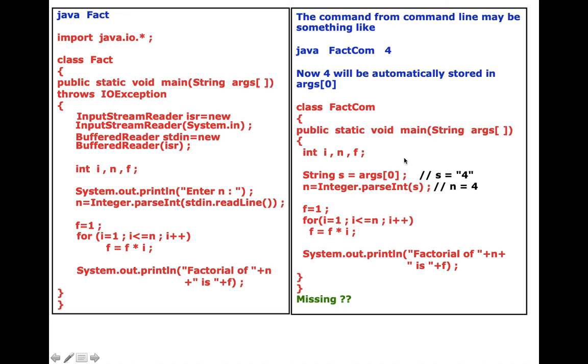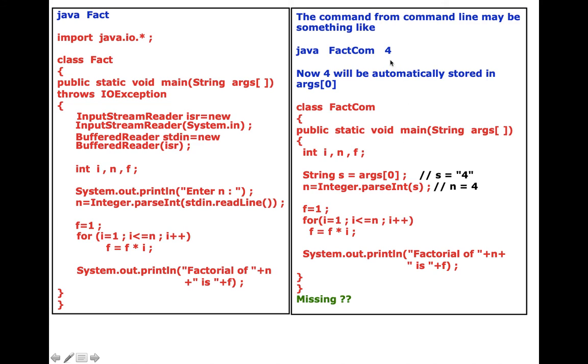Now tell me one thing, here on the right hand side, the value of n, which is 4, is this value 4 given to the program by the user during runtime, before runtime, or after runtime?